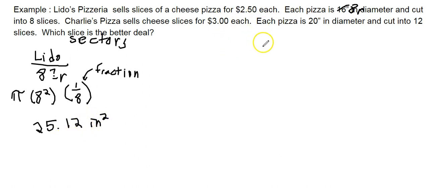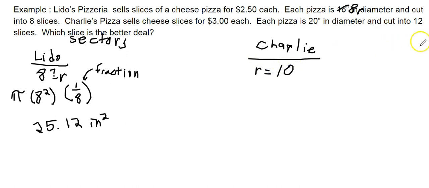Let's take a look over here at Charlie. Charlie's Pizza. That's a 20-inch diameter. So for Charlie, the radius is going to be 10. And that's cut into 12 slices.